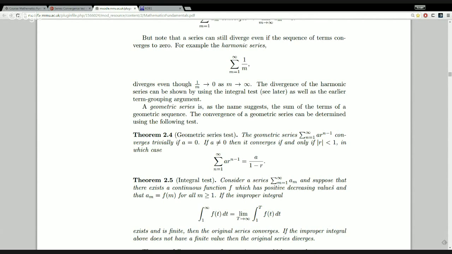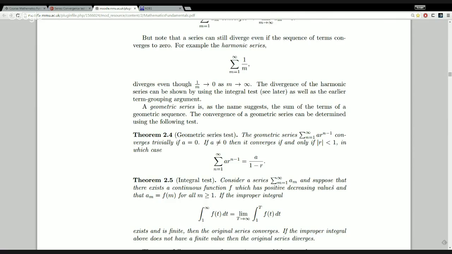So by the algebra of limits theorem for sequences, you see r to the k is the only place where this depends on k. All the other parts of the expression are constants.